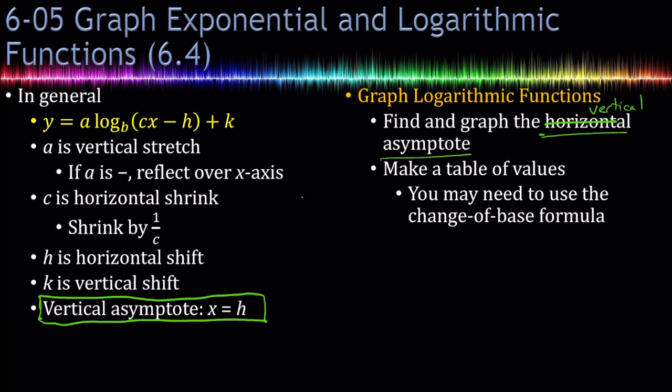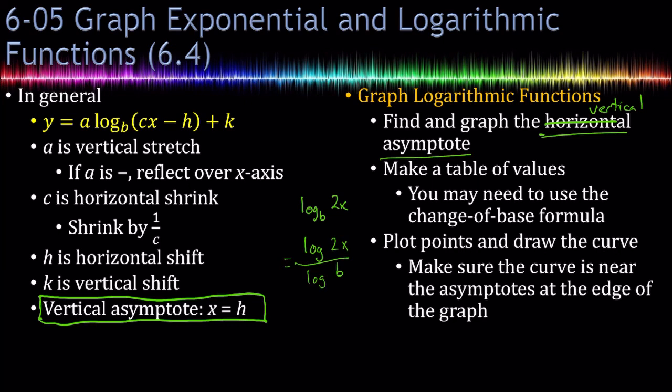Let's say you're supposed to graph log base b of 2x. You go put that in your calculator as log of 2x divided by log of b. So the same thing. Plot your points, draw your curve, make sure your curve is near the asymptote at the edge of the graph.